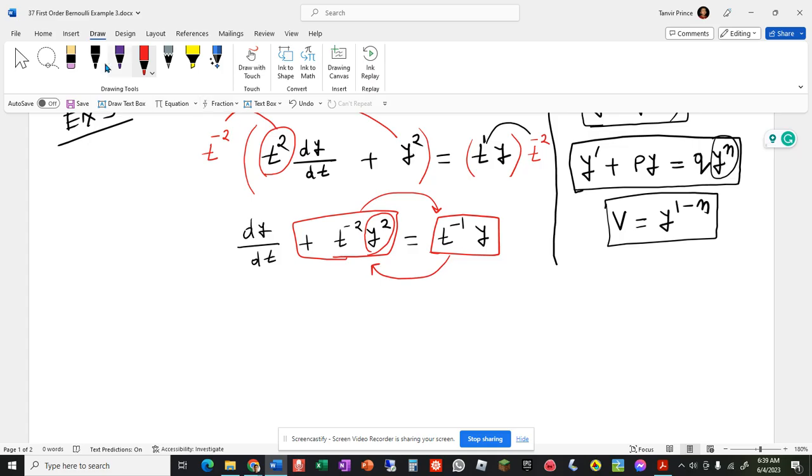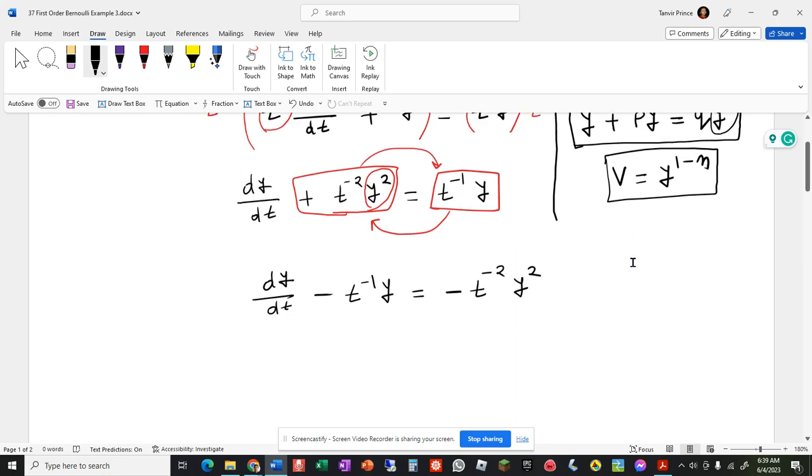Once you do it, it's in the right format. So I get dy/dt. I'm moving t to the negative 1 y to the left, so that becomes negative t to the negative 1 y. And the other one I'm moving to the right, so I have to switch the sign, right? So I get negative t to the negative 2 y squared.